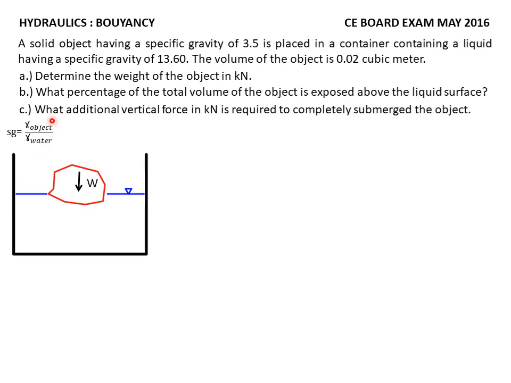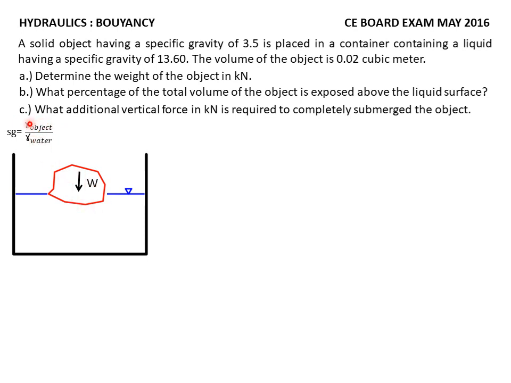Based on this definition, if the specific gravity of an object is greater than 1, the unit weight of the object is heavier than the water. On the other hand, if the specific gravity of an object is less than 1, the unit weight of the object is lighter than the water.